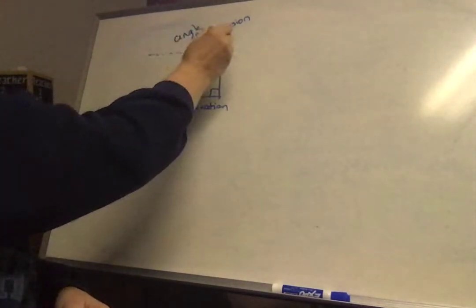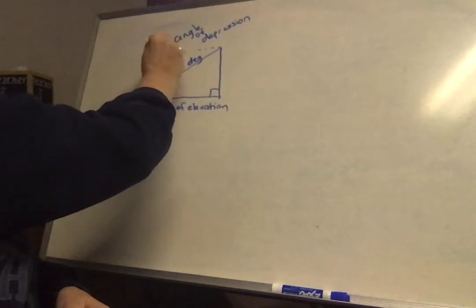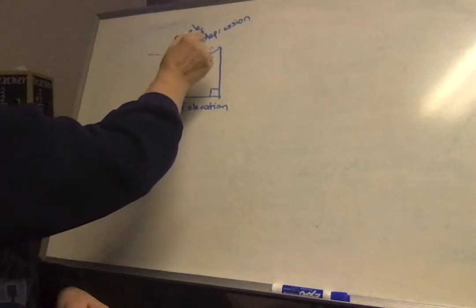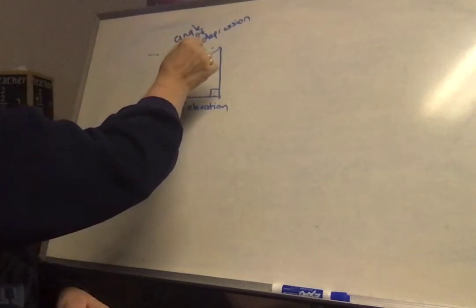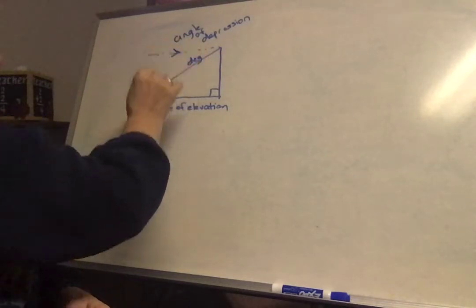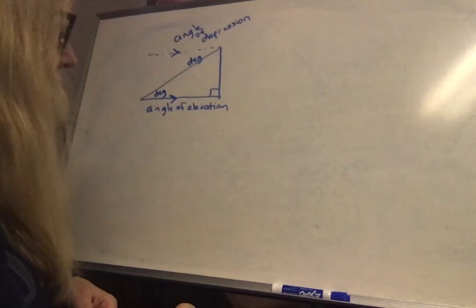Now, if you note this, if you look straight out, this line is parallel to the ground. And so, because of that, the angle of depression here is the same as the angle of elevation here, because those two are alternate interior angles.